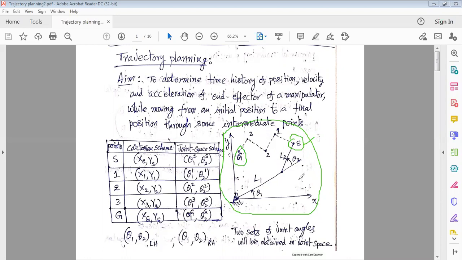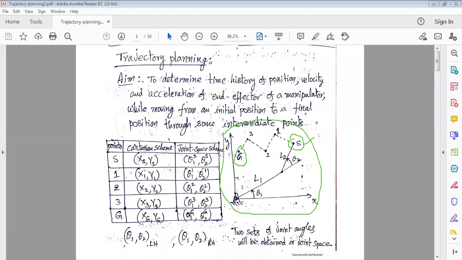As I told you yesterday, there are two spaces: Cartesian space trajectory and joint space trajectory. In Cartesian space trajectory, we take the xy coordinates as a function of time, and in joint space trajectory, we take the joint variables as a function of time.